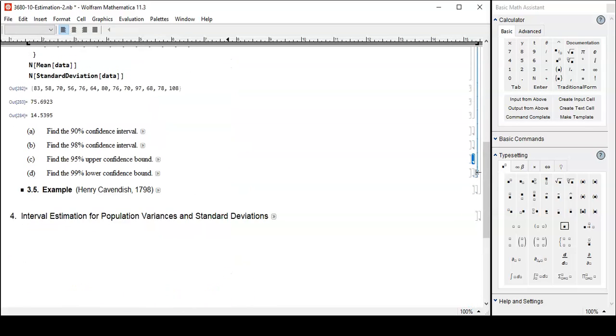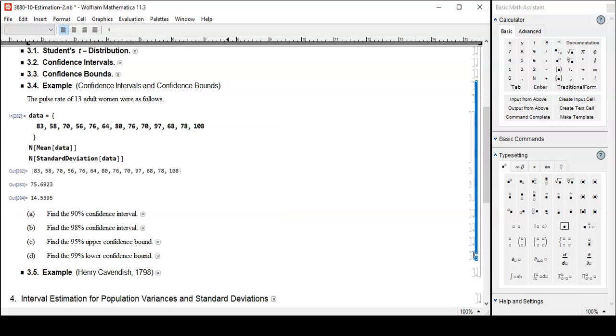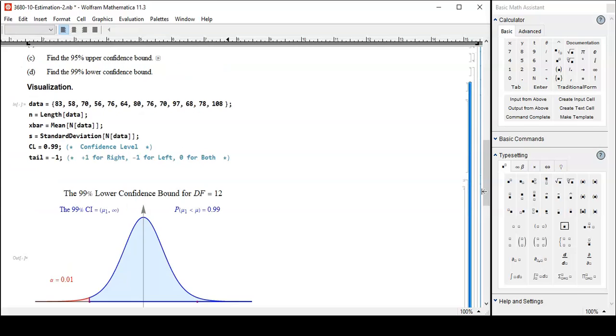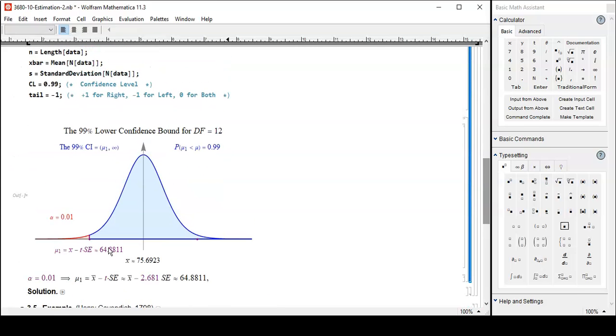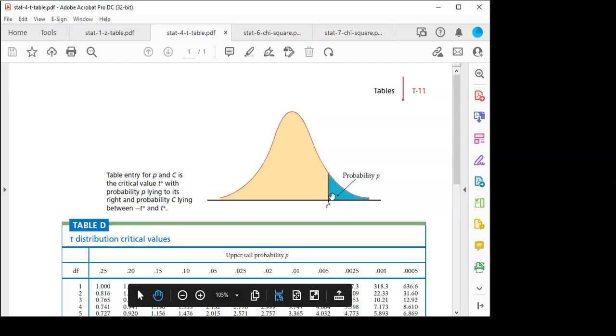All right. How about the next problem? Lower confidence bound. Oops. Here's the visualization. And 1% there. Now, if you look up the t-table, don't panic. Shading is always to the right. Oh, I don't have a shading on the left. What do I do? Don't worry. Just use symmetry.